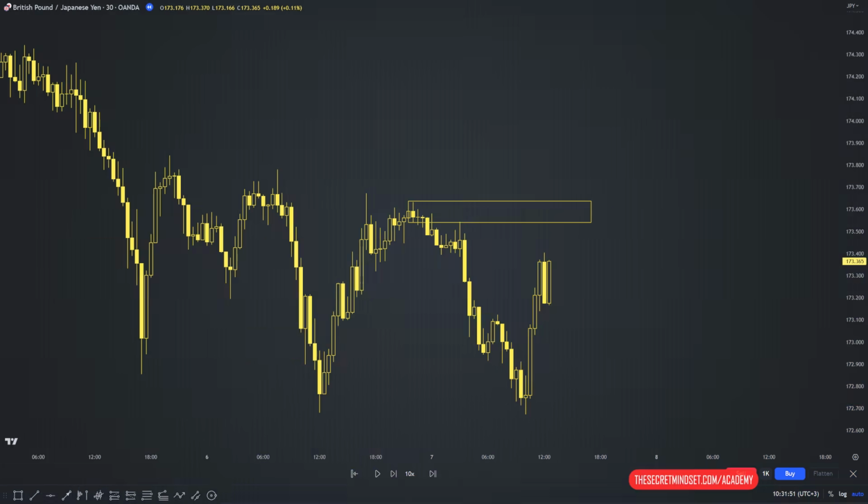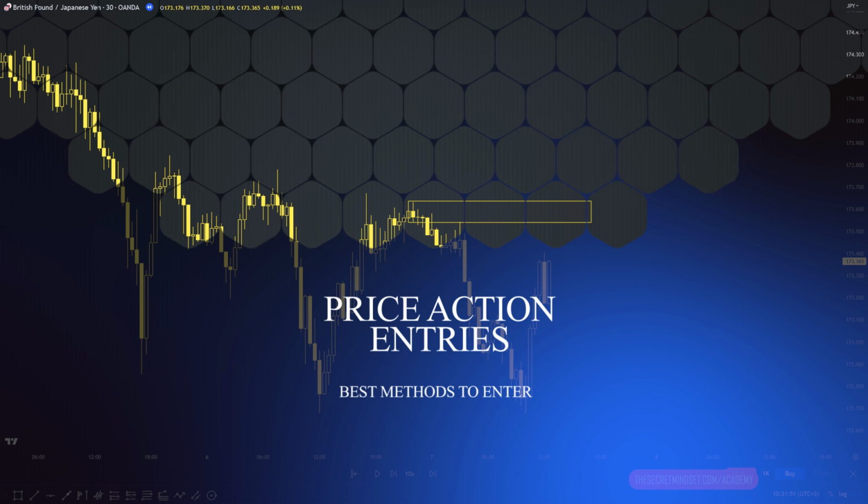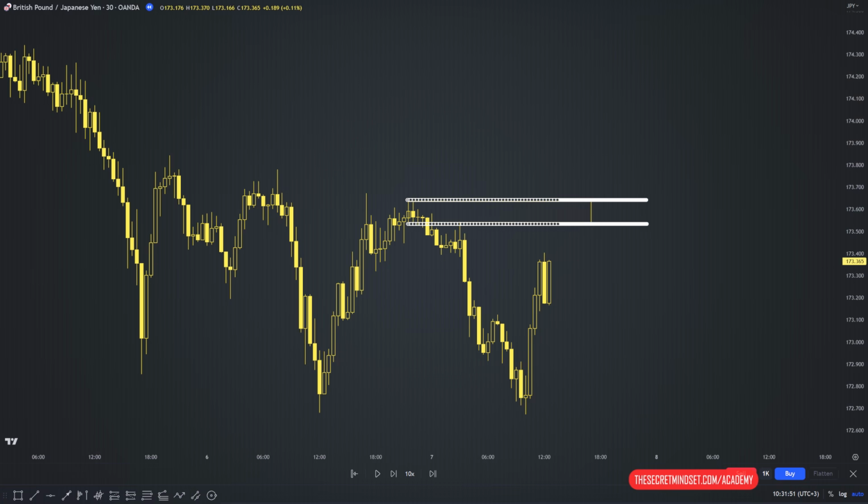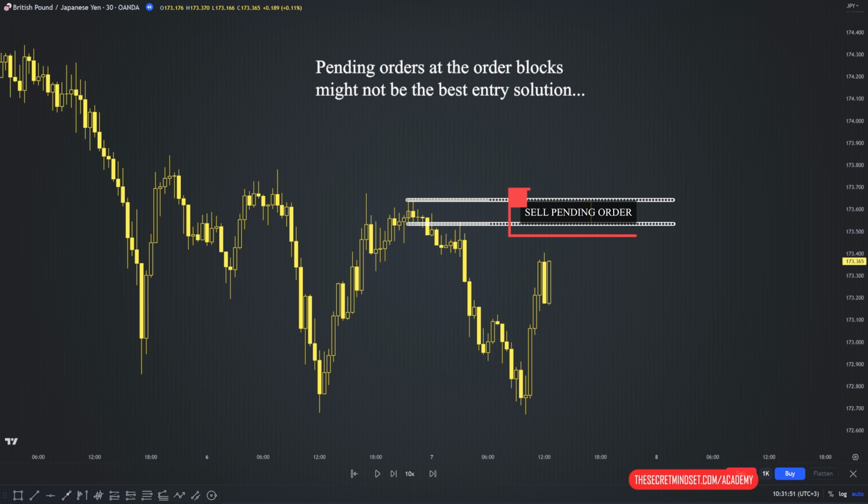When I started trading order blocks, I used to enter trades by placing pending orders at the zones, which is a common approach in many trading methods. However, I discovered that using pending orders at the order blocks often resulted in losses.